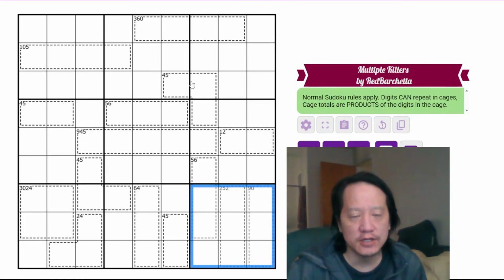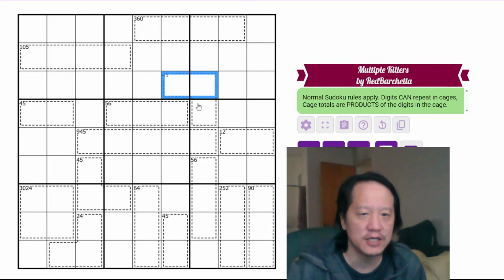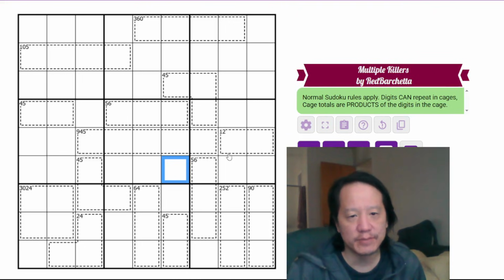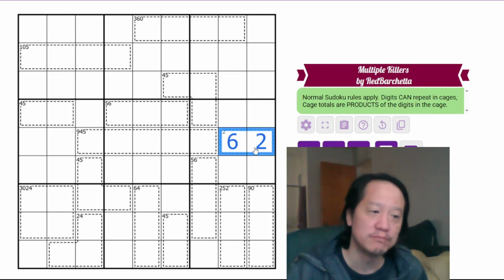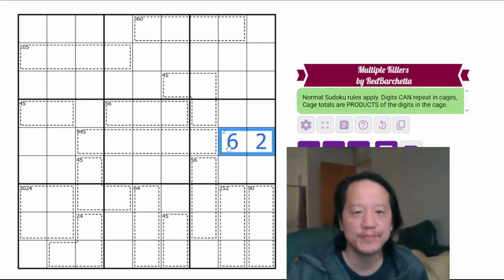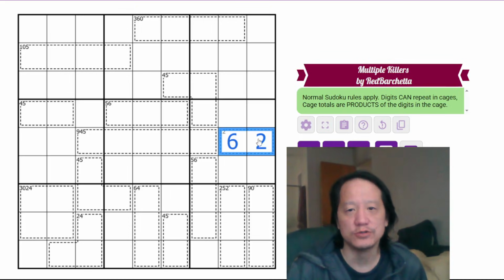So basically, the number in the top left corner, instead of being the digits added up together, is the digits in the cage multiplied together. For example, if this were a 6, this would have to be a 2, because these two digits must multiply to 12. That's an example of how these cages work. And those are all the rules.